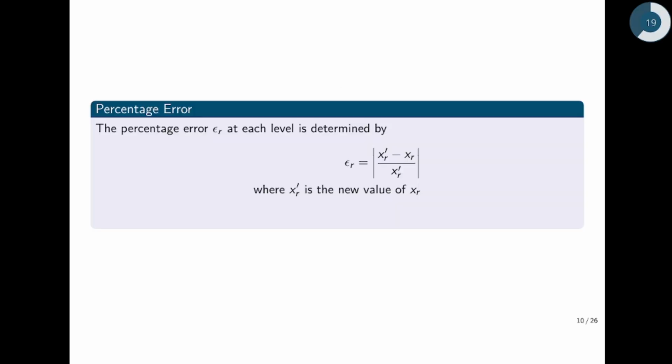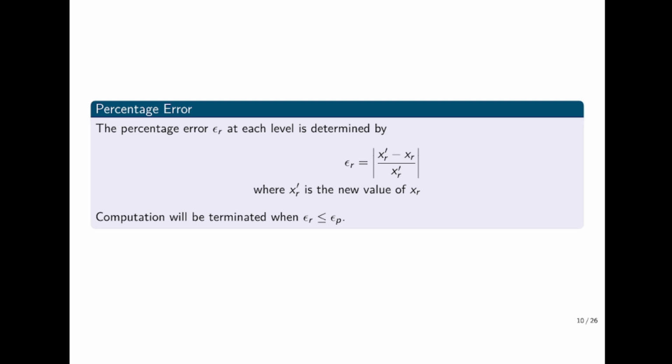We will define percentage error. Actually, you take epsilon r, which is the absolute value of (xr prime minus xr) by xr prime, where xr prime is the new value of xr. Then you will stop the computation when epsilon r is less than or equal to the given epsilon p.